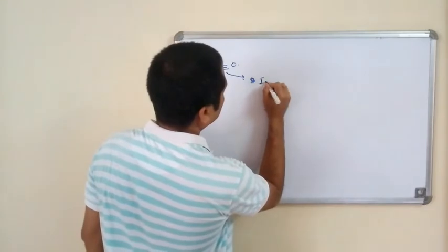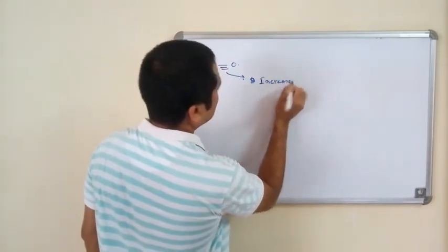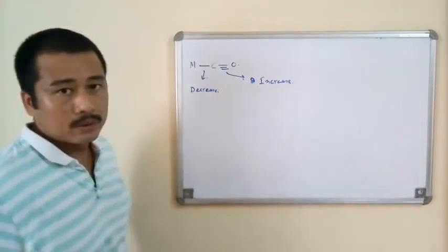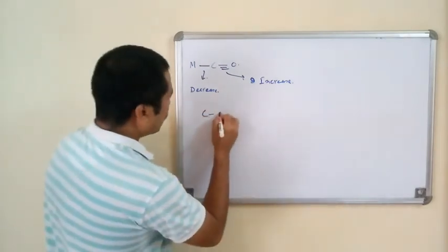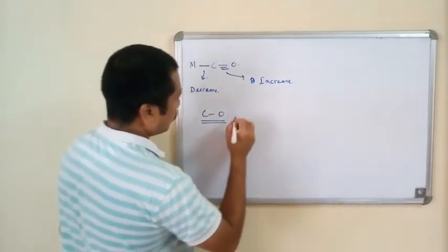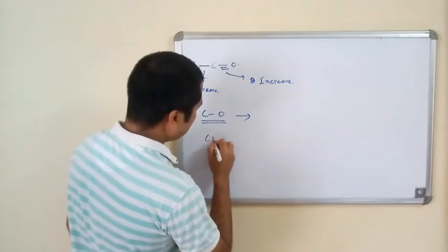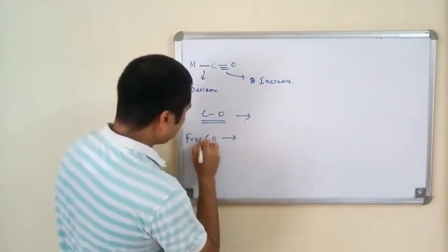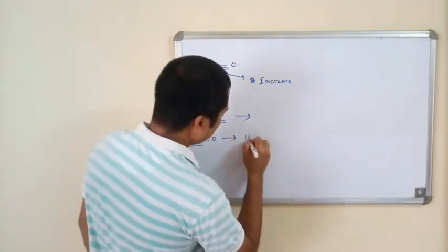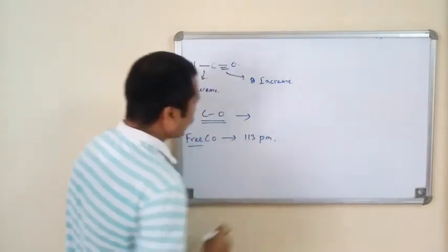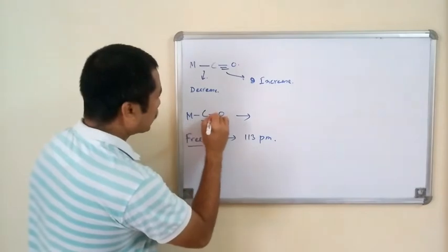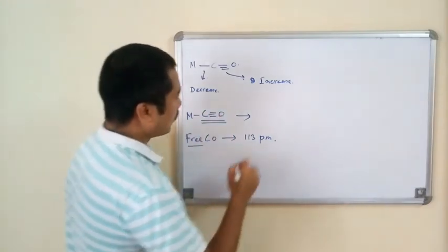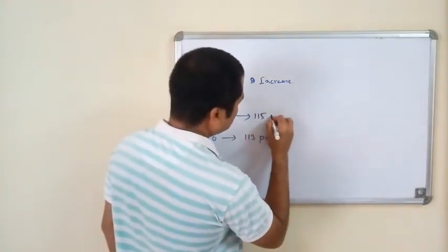If you look at the CO bond length, in free carbon monoxide it is equal to 113 picometer, while in metal carbonyl complexes, the CO bond length typically lies near 115 picometer.